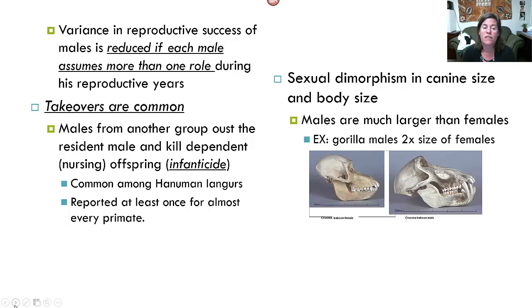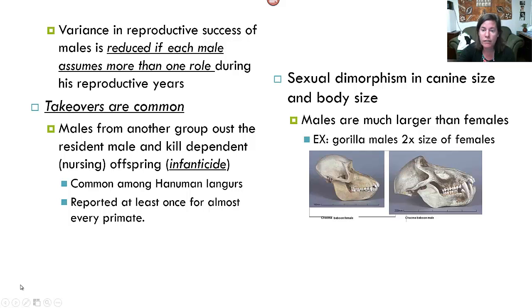Killing a dependent offspring, one that is still nursing, is referred to as infanticide because you're killing the infants. This is very, very common in Hanuman langurs, which occur in Asia, and it's been reported at least once for every single primate species known to mankind. So it's a relatively common behavior, but it is exceptionally common in single male, multi-female species.